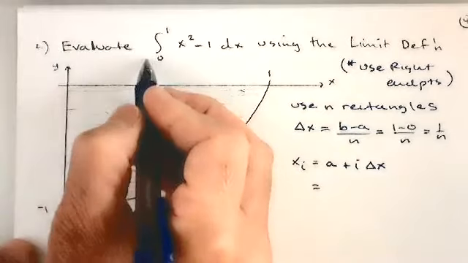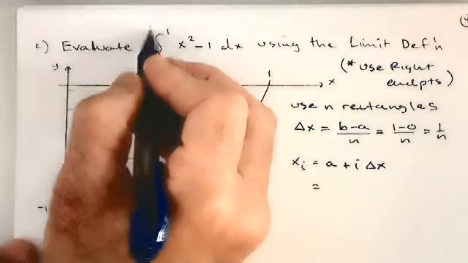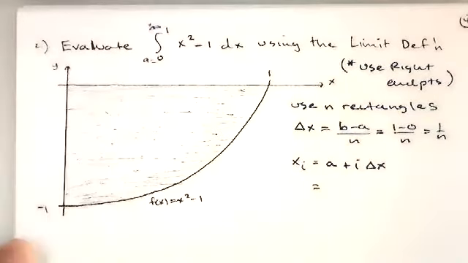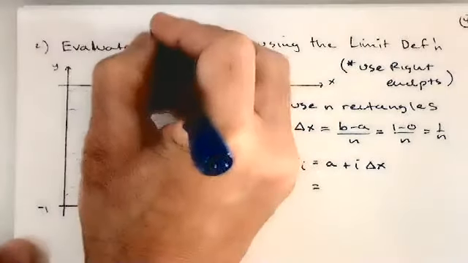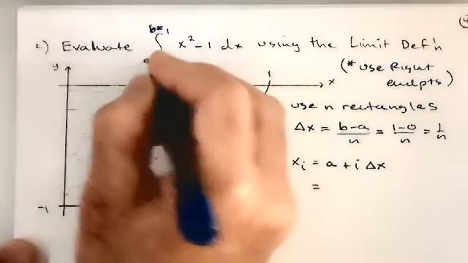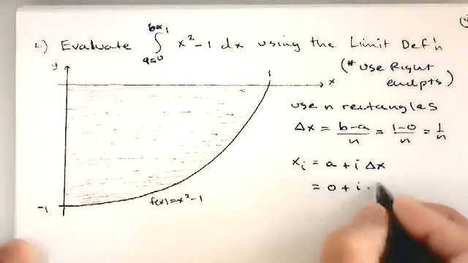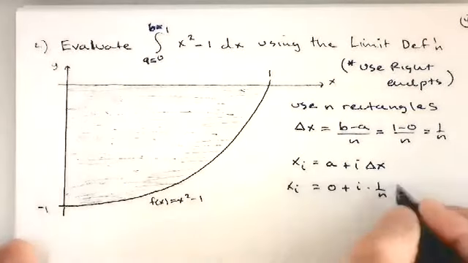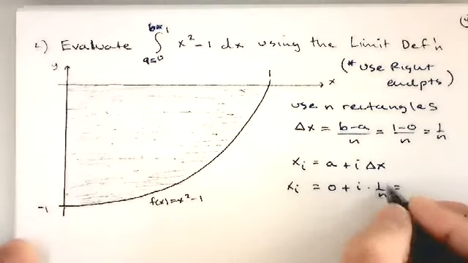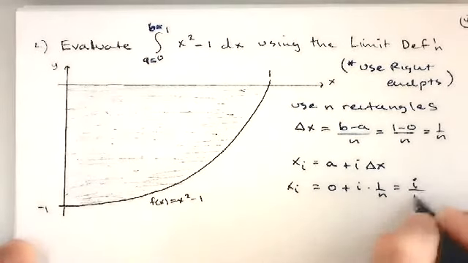This time our a is 0. A is always your lower limit. So in this case, it's just going to be 0 plus i times 1 over n, which is just i over n.